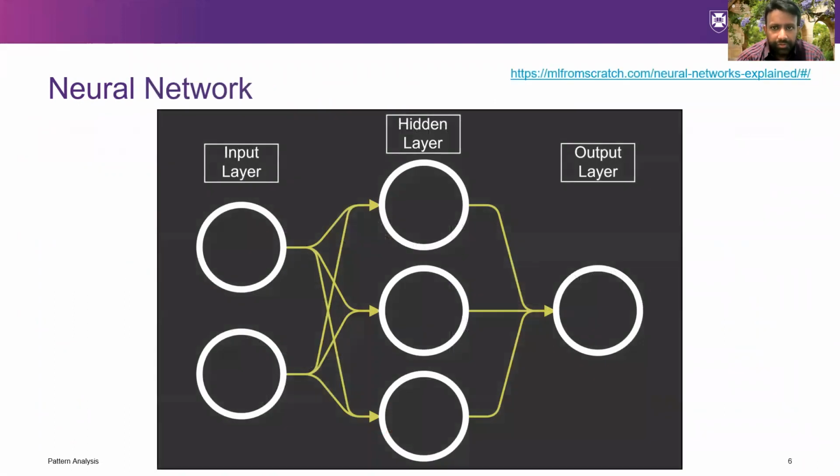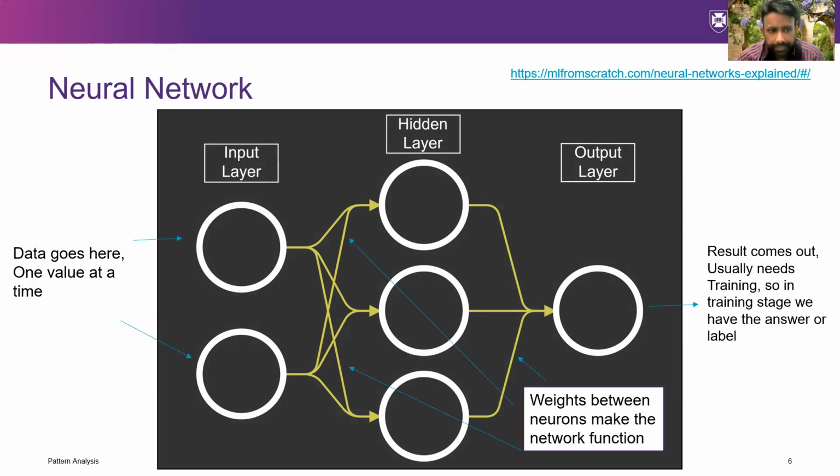And what we do is we actually form a network out of these. And so you'd have an input layer, a hidden layer, which you don't know, but you set up, and an output layer. And the data goes into the input layer. So that might be an image or a sequence or some sort of numbers. And your predicted output, or what you would desire as the output, would go into the output layer.